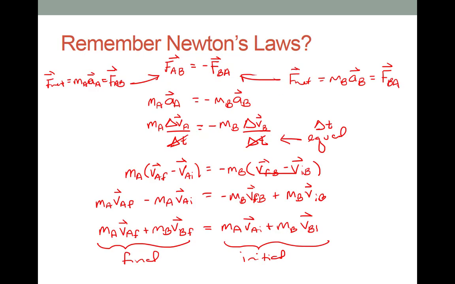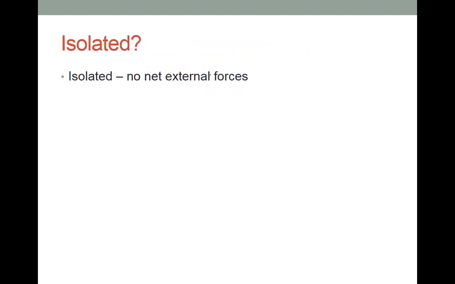Okay, so remember way back here when I said the only force that matters on this object is the force that comes from the interaction of A and B. Therefore, I isolated my system when I said that. No net external forces. Okay, does that mean that there can't be other forces acting on the object? Not at all. There can be.